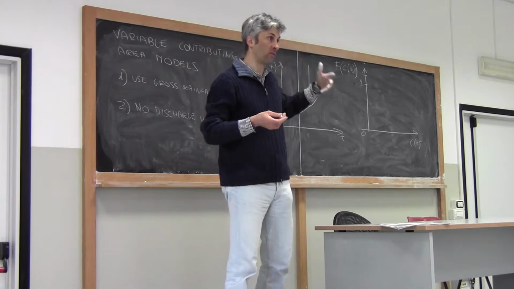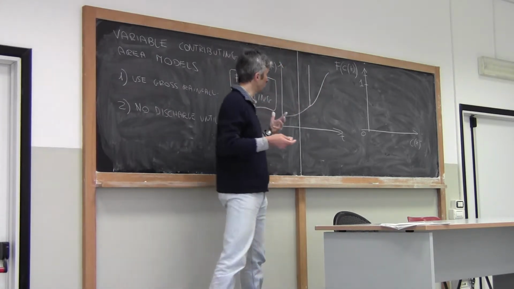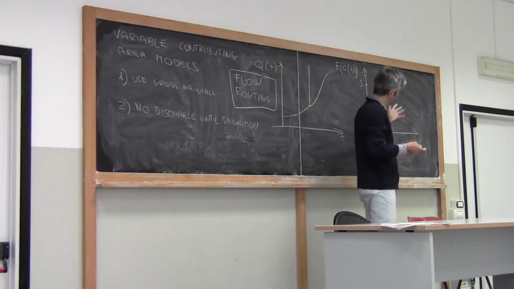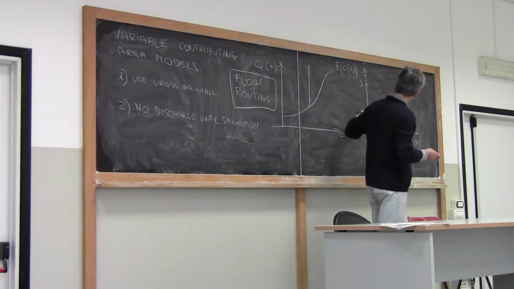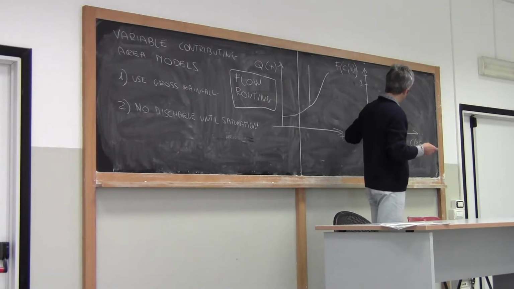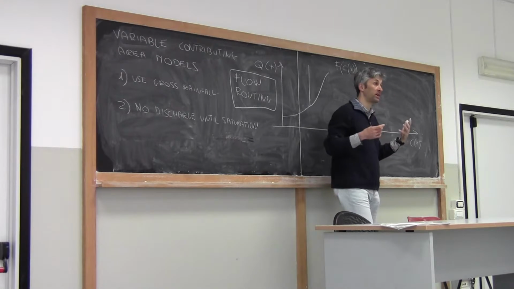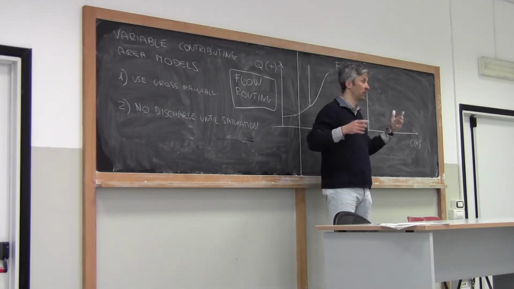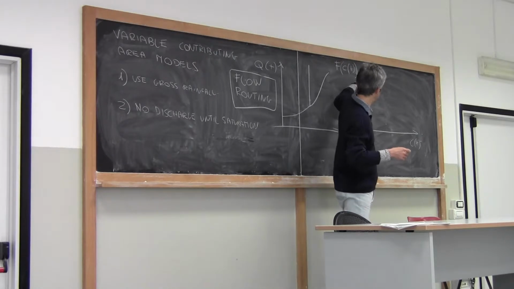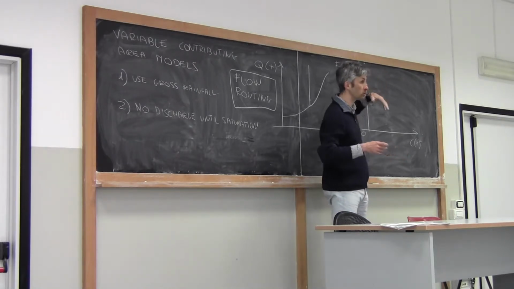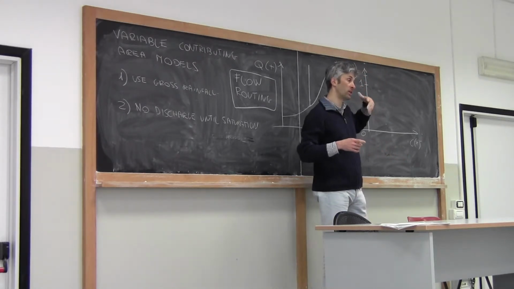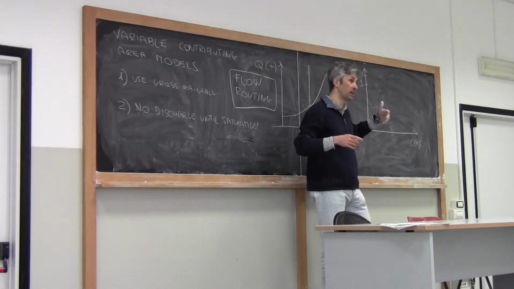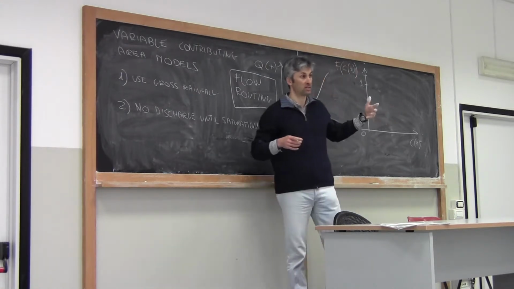So if I use the rainfall, this relationship would be a relationship that has a mathematical form that is complicated, because I have to change the shape of this relationship when I get to 1. Instead, I want to use a mathematical relationship that is easily tractable in analytical terms.